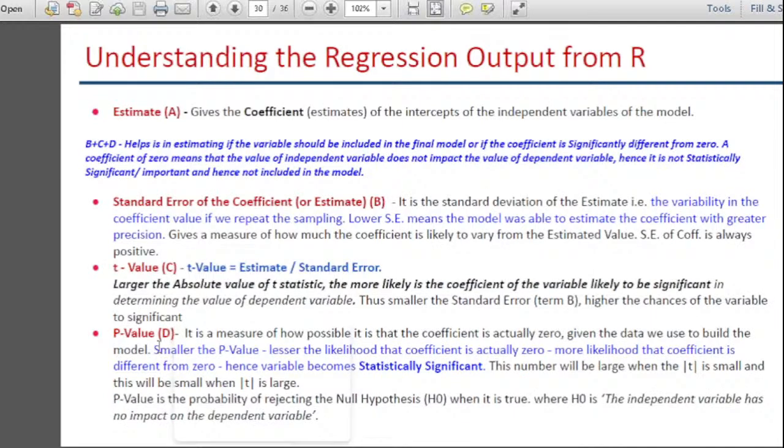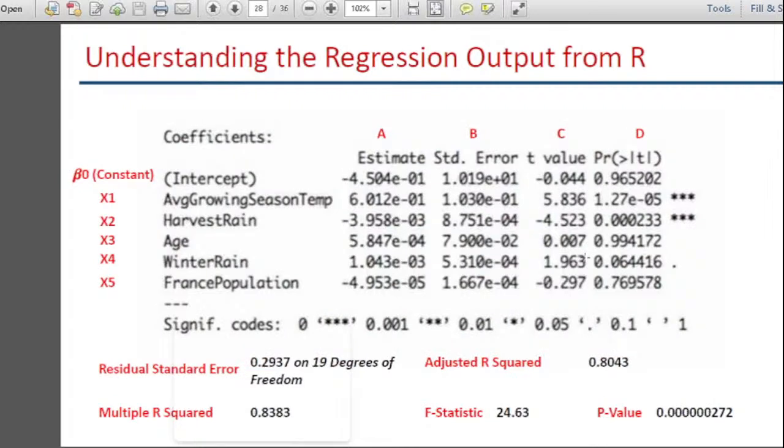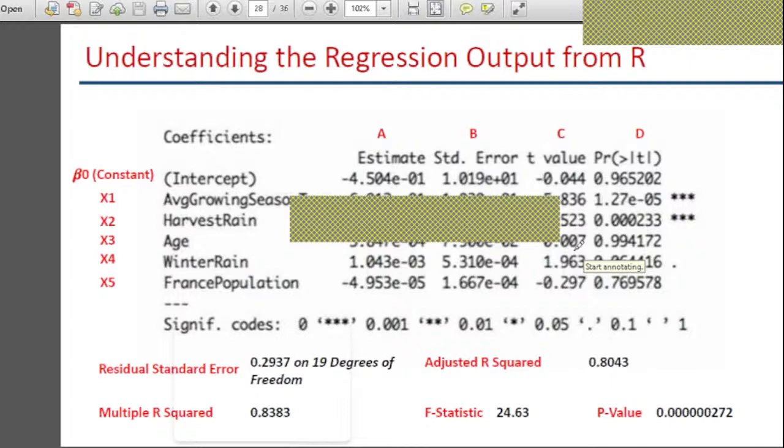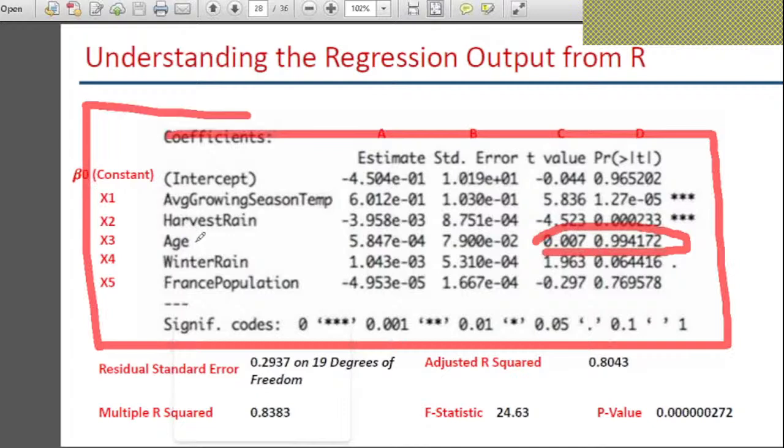Quickly, now we'll wrap it up. I've already discussed this. This number will be large when the absolute t value is small, and small when the absolute t value is large. You can see the correlation. Can you see the absolute t value here? So this number is coming out to be very large. The p-value is very large. It means when I put in all variables, the model is showing age is not significant.